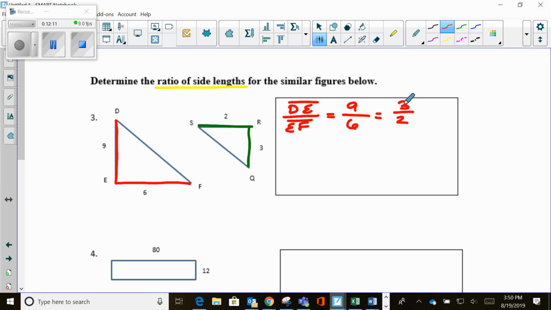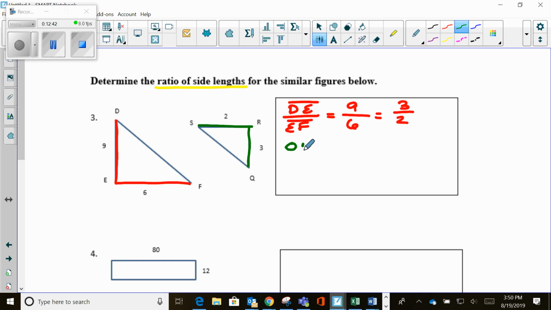Now I have to do the same thing in the same order to the second triangle. So I need to know the corresponding sides. What side corresponds with DE? This one over here, which is QR. The DE side, which was 9, corresponds to the QR side.